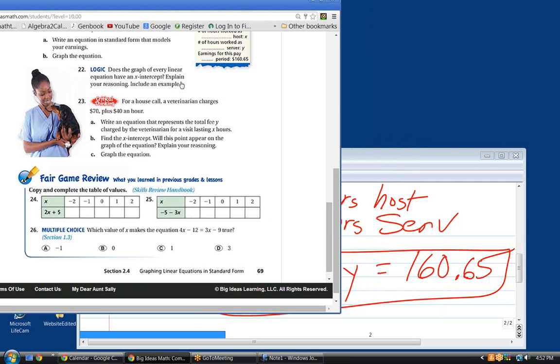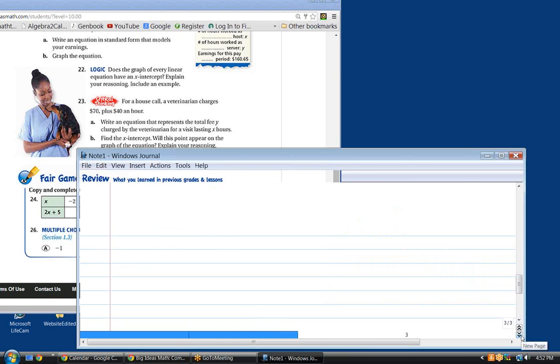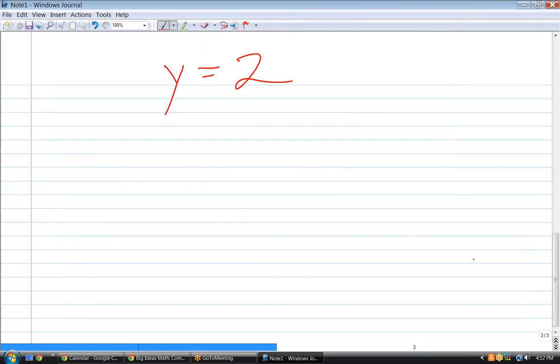Okay. Number 22, does the graph of every linear equation have an x-intercept? Yes. How about this one? Oh, no. Wait.